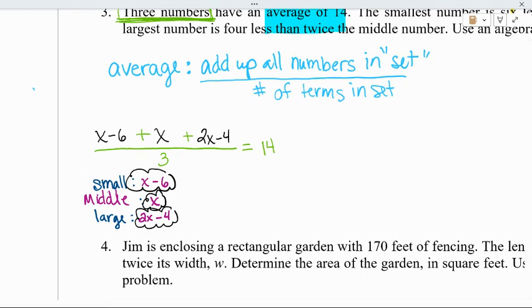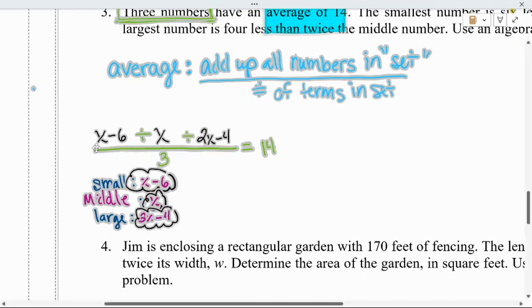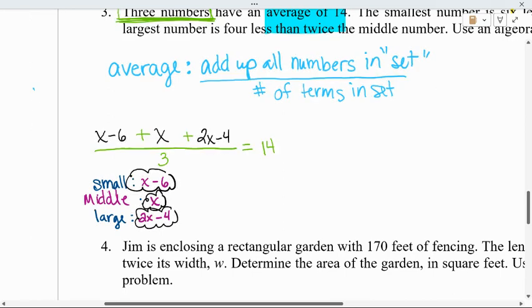How are we going to solve something like that? Yeah, good job, ladies. We're going to combine the like terms. So let's think about all the things that we can group together. I can group up all of my x's.